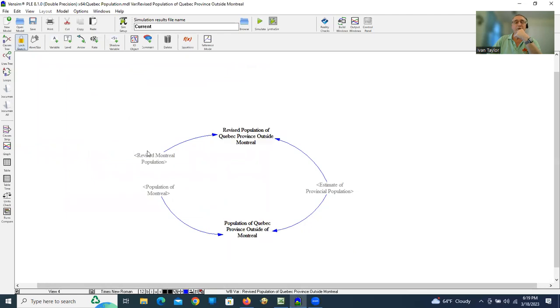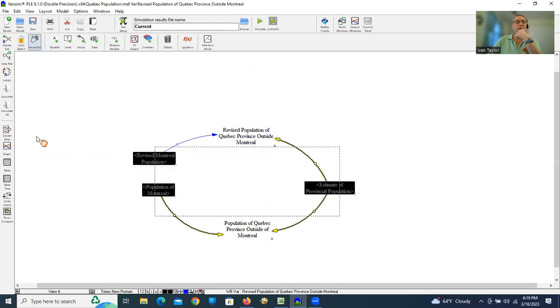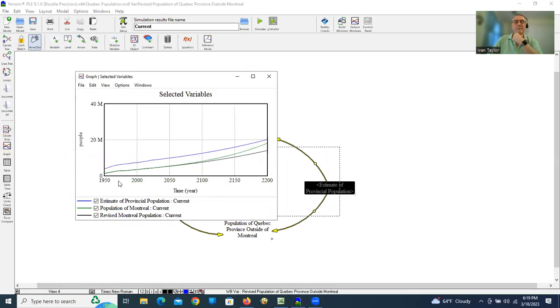And if you look at the picture here, you can see that the population of Montreal is now going to be shown in this graph here, and it's going to be lower than the province of Quebec, which is shown in this graph here.